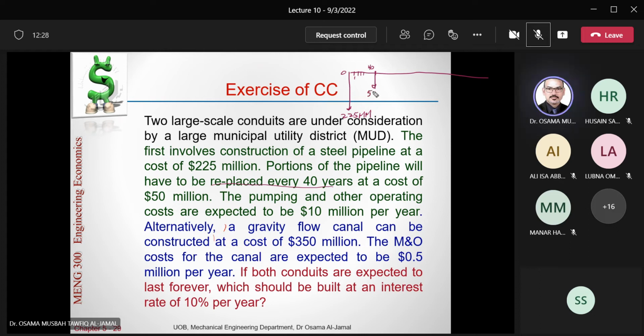How much is that? 50 million. So in year 40, the same thing will be repeated in year 80, again in year 120, and so forth, up to infinity. And second, the costs are expected to be 10 million per year, starting from year 1 till infinity.